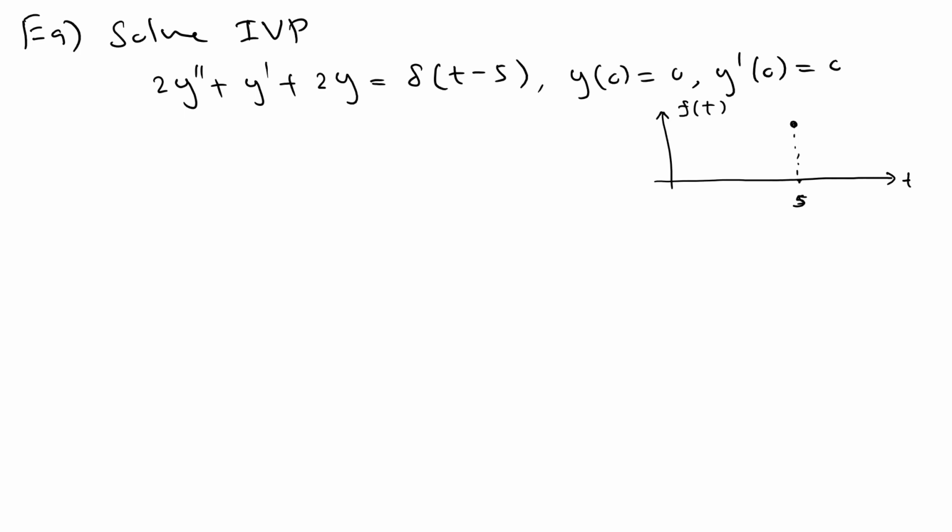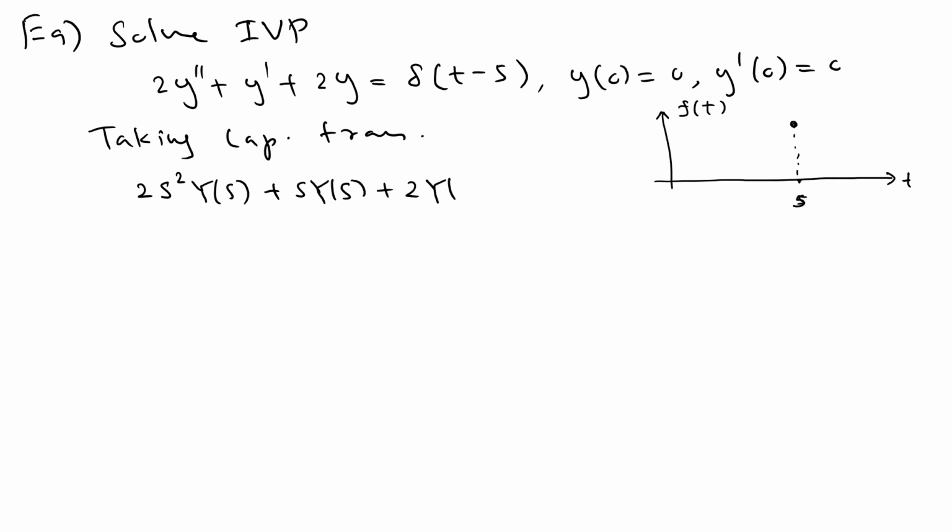So again, taking the Laplace transform, we have 2 s squared Y(s) plus s Y(s) plus 2 Y(s) equals e to the minus 5s. That's the Laplace transform of the Dirac delta function, where a equals 5 in this case.